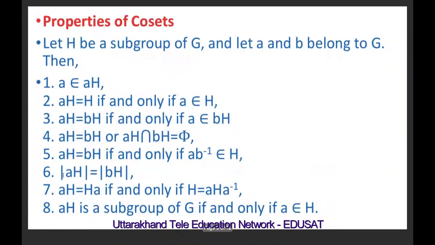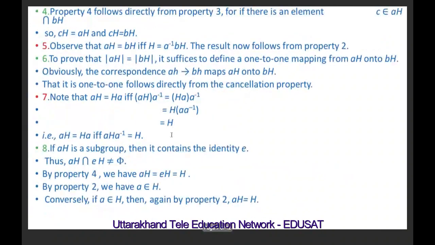Now the fourth is either aH is equal to bH or aH intersection bH is equal to the empty set. The fourth property follows directly from the third property, because if there is an element c belonging to aH intersection bH, then cH is equal to aH and cH is equal to bH.